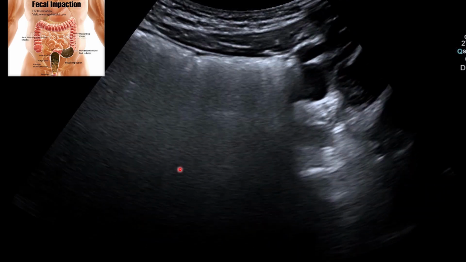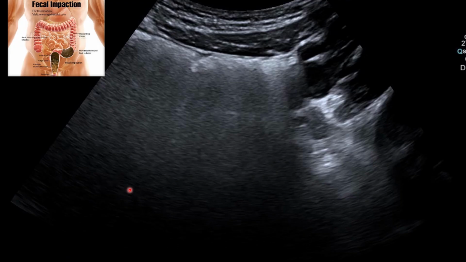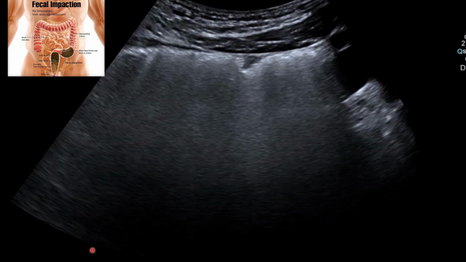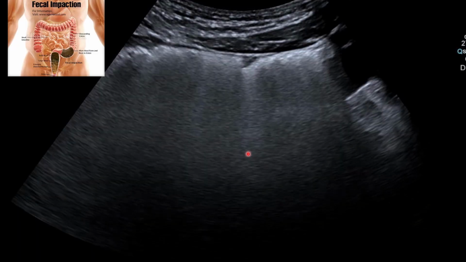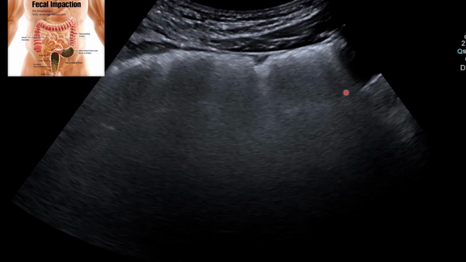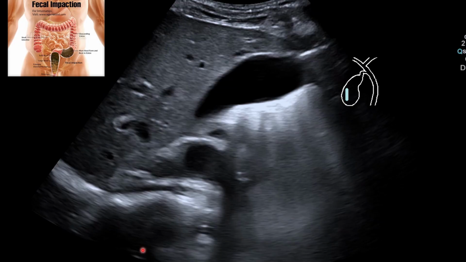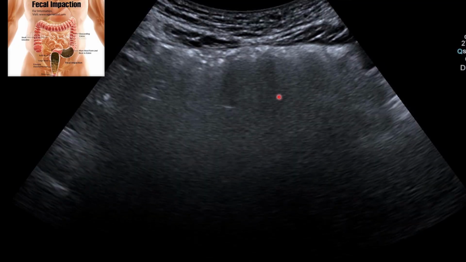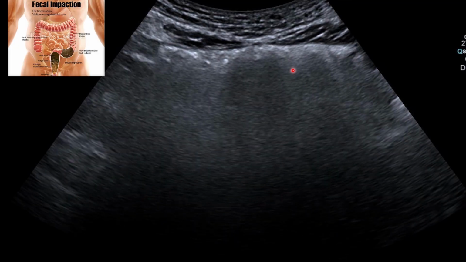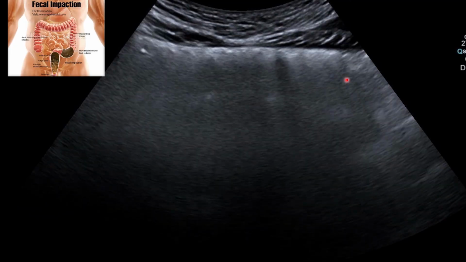I hope you can appreciate that it's very different. Obstruction and fecal loading are very, very different. But if you are not competent enough, or you have never seen the difference, you can mistake one for the other.